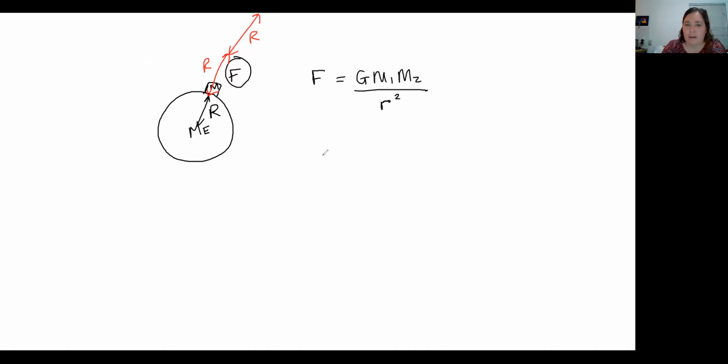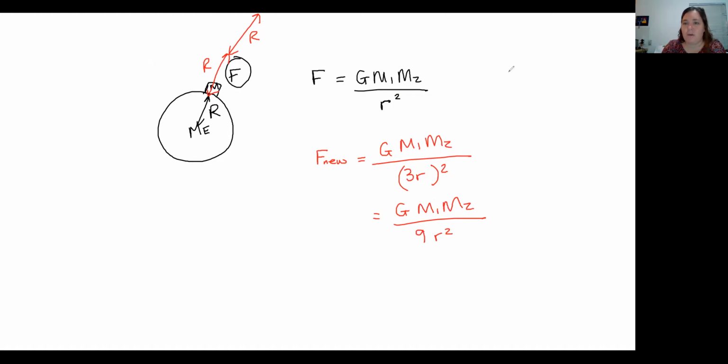Now, if I move it up, I'm going to get a new force. G stays the same because it's a constant. The masses stay the same because they haven't changed. But it is now going to be 3r above the surface of the earth, and we mustn't forget to square that. So if I do that, I get G m1 m2 over 3 squared is 9r squared.